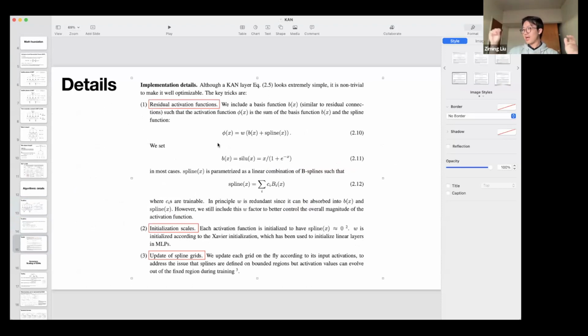So if you go outside the boundary it becomes zero, which does not make much sense. Well, maybe it makes sense, but it does not have any gradient in it. So it's also another reason why I need to include this basis function, because the basis function can also handle things outside the boundary.